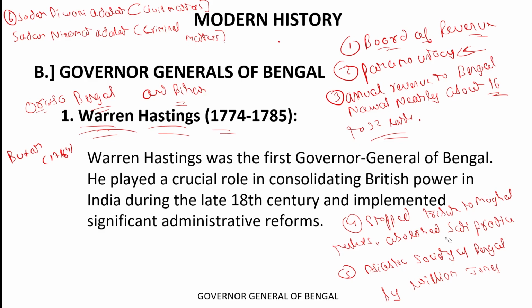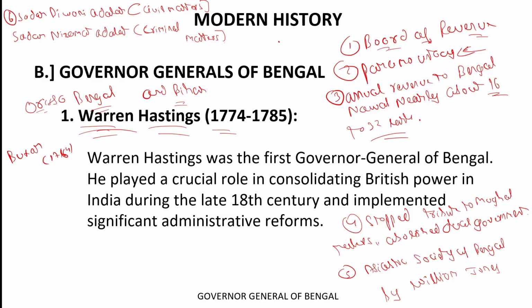Also, not Sati Pratha, basically he abolished dual government. Just corrected. He abolished dual government. So what do you mean by dual government? Robert Clive, who fought the battle of Buxar for the British, had a treaty clause signed with the Mughal emperor and the Bengal's Nawab that the revenue rights of Bengal would be held by the Britishers, but the administration would be held by the Bengal's Nawab.